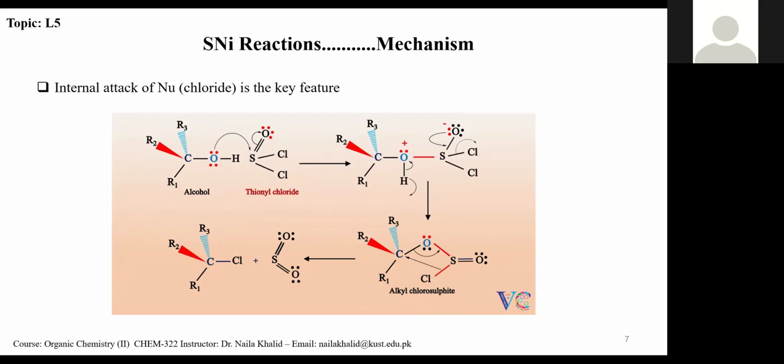It has not been changed. So you will get exclusively this type of isomer with retention of configuration. So I will repeat over here that in this type of reaction, you will get the two byproducts, sulfur dioxide and HCl.